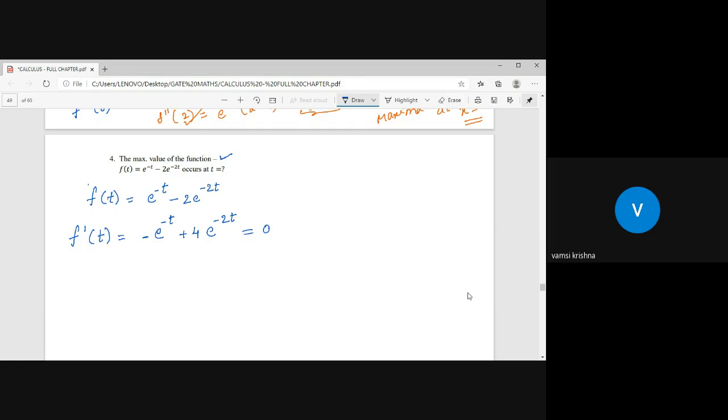So e power minus t take common, minus e power minus t. If you take this common, then 1 minus 4 into e power minus 2t, and with e power minus t common, I will get one more e power minus t which is equals to 0. I hope I am clear.